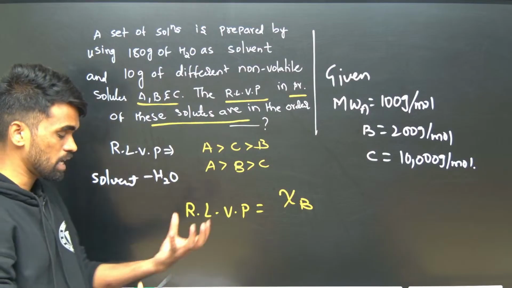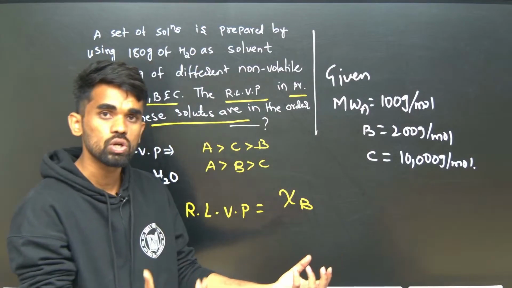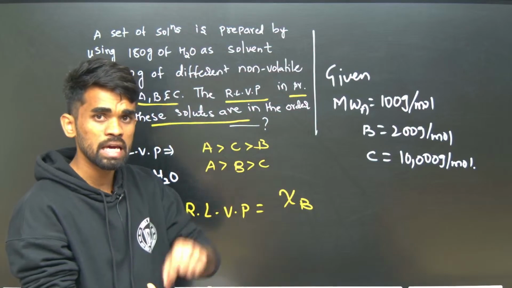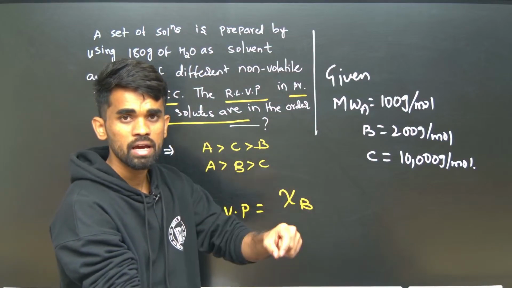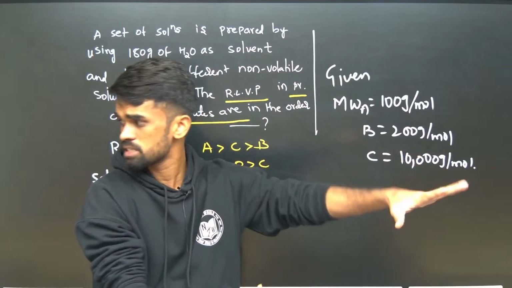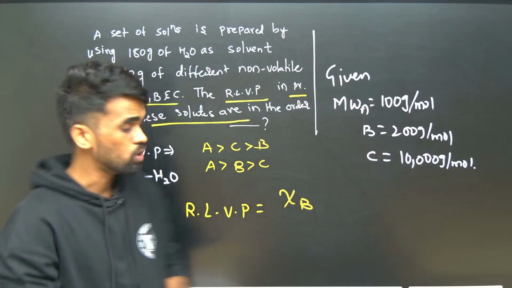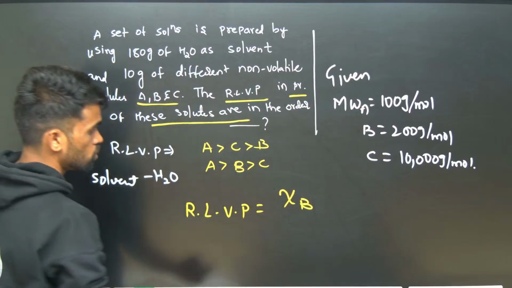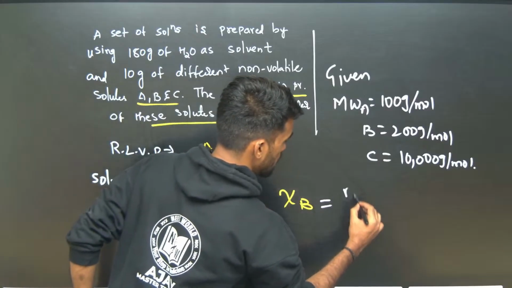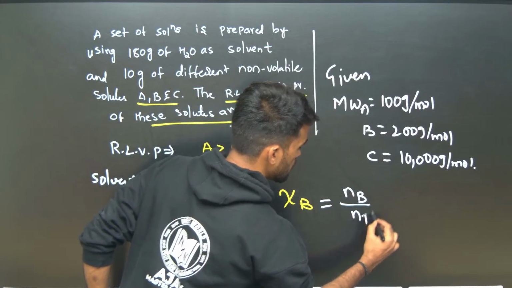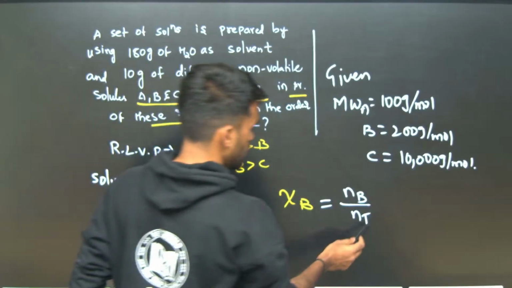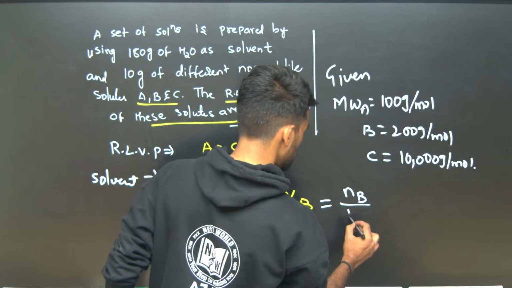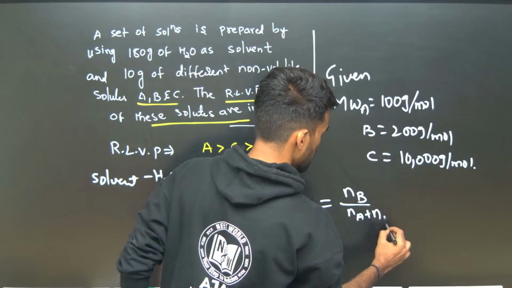So now they have taken water as a solvent and they made 3 solutions using solute A as one solution, solute B another solution, solute C as another solution. Now they are asking RLVP order. So this XB I can write nB by n total right now. And n total I can write as nA plus nB.